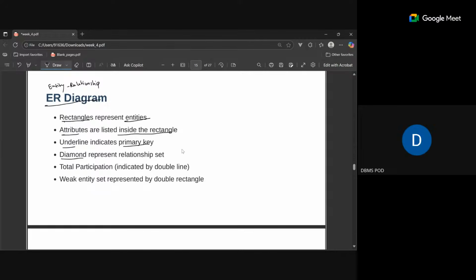This diamond symbol represents a relationship set. Total participation is indicated by a double line like this. A weak entity set is represented by a double rectangle. We have seen previously what is meant by a weak entity set. It will be represented like this using a double rectangle, and inside it the attributes will be there. If it is underlined, it's a primary key. Okay.